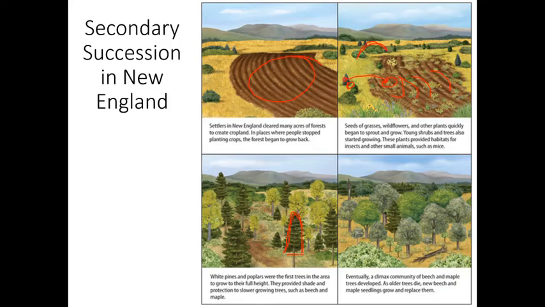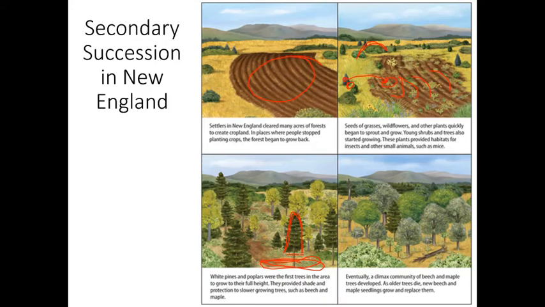And while these trees are growing taller, they are of course changing the microclimate on the ground, and so this promotes the growth of different types of species that might be a little bit more slow to become established, but they like the shade and they need kind of this nice cushy damp environment in the understory in order to get established. And so these trees would be things like beech and maple trees, right?